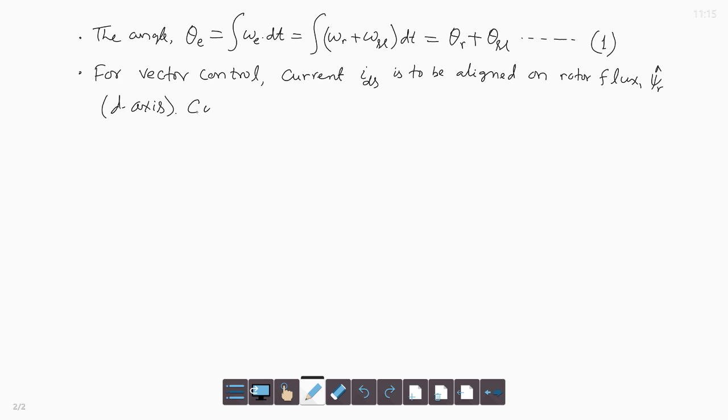The current component IQS is to be aligned perpendicular to the rotor flux psi r, that means the q axis.